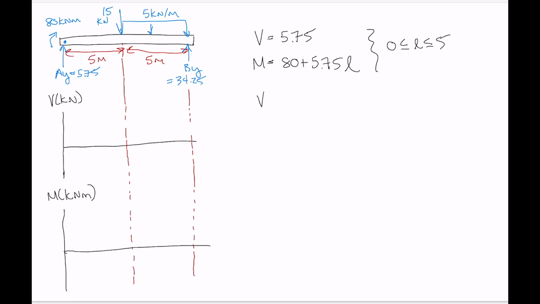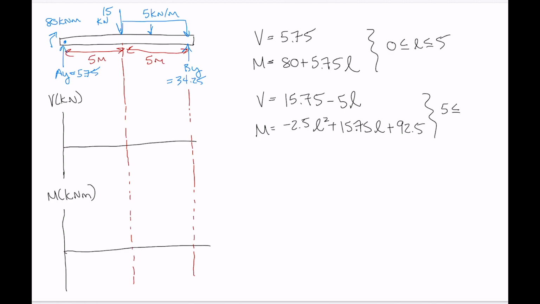And then for the second section cut, we had V was 15.75 minus 5L, and M was minus 2.5 L squared plus 15.75 L plus 92.5. And those equations are good from 5 to 10. Okay, so now it's time to plot.